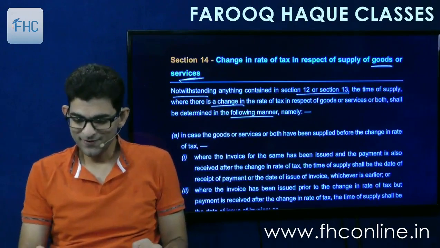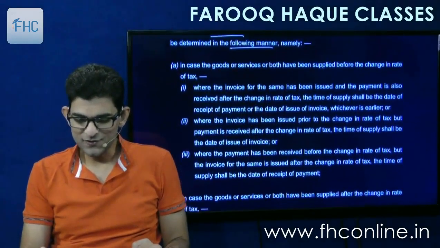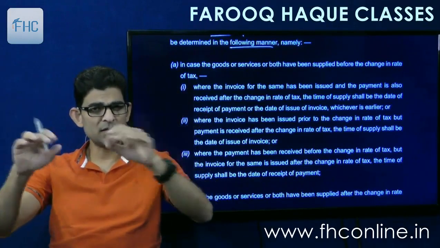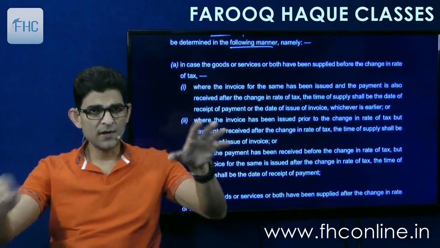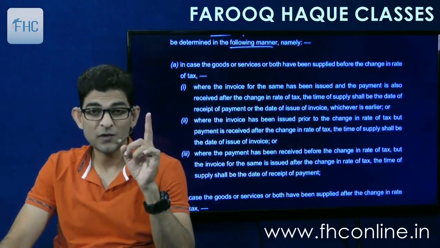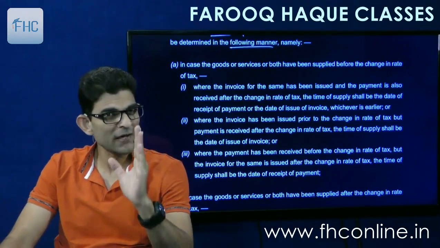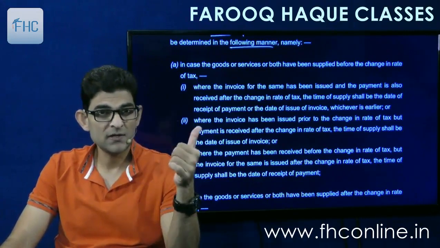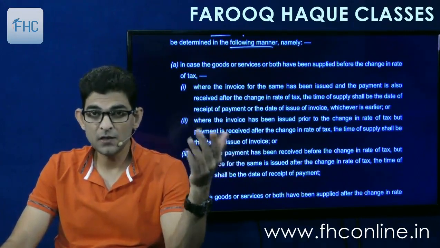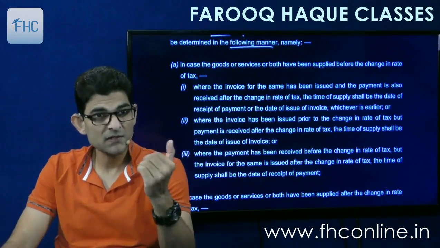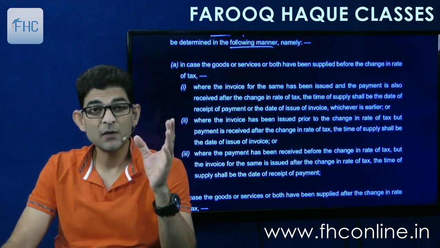Let's see. Now what you have to do here is, in order to understand this section very clearly, conceptually, in the first go itself, focus on timing. Focus on timing. Okay, if you focus on timing of different things which are happening, one is the supply itself, the delivery you can say, one is the receipt when the money is coming in, and one is invoice.